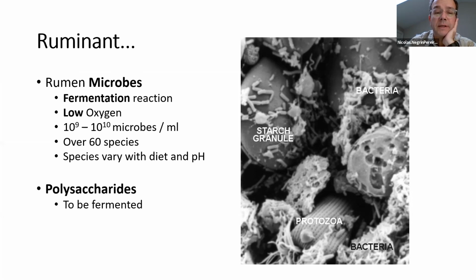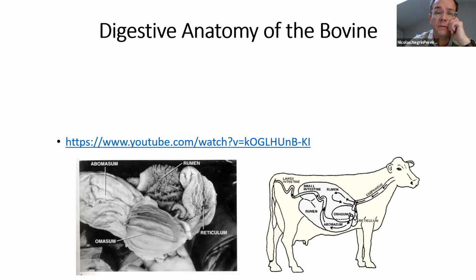Polysaccharides are the ones that will be easily fermented, mainly the starch, which is fermented very fast. But the microbes will also ferment cellulose, so they are able to digest the plant walls.